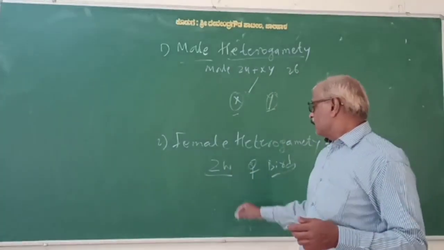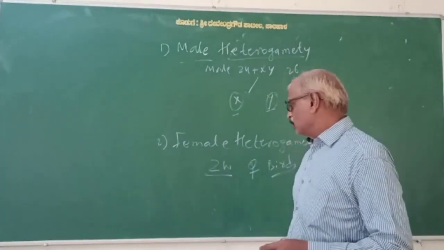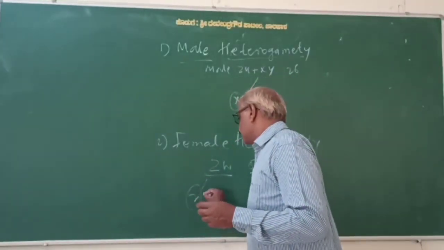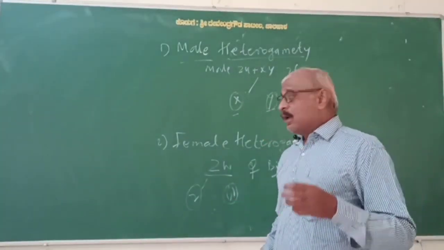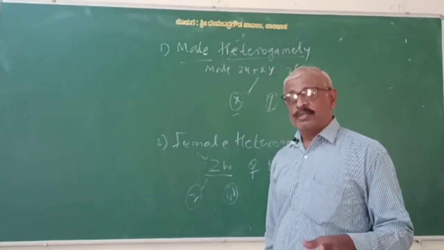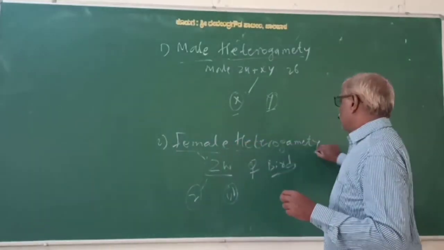The female carries two kinds of allosomes. That means 50% of eggs carry the Z and another 50% of eggs carry the W. The female is responsible for producing two different kinds of gametes. Hence this is called female heterogamity.